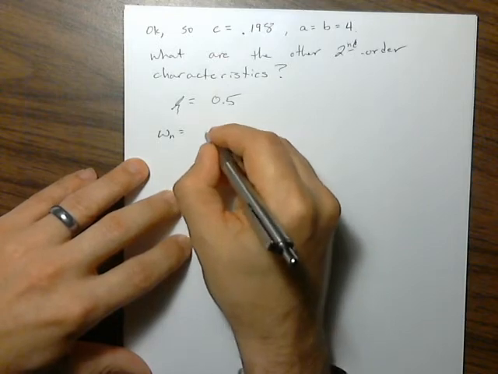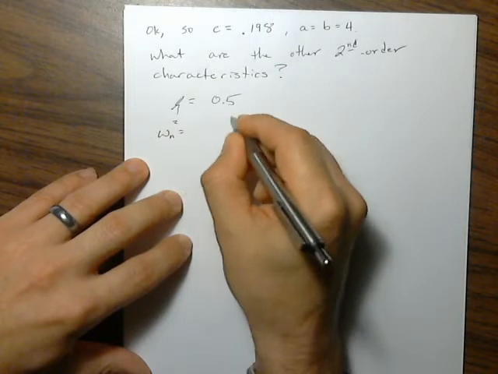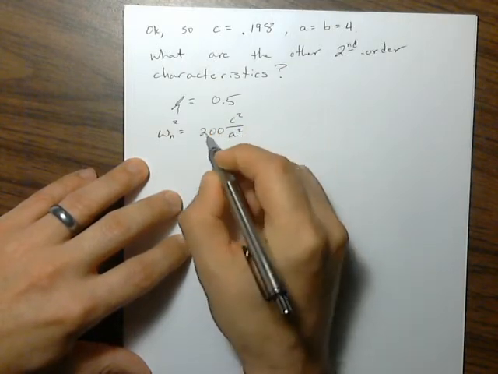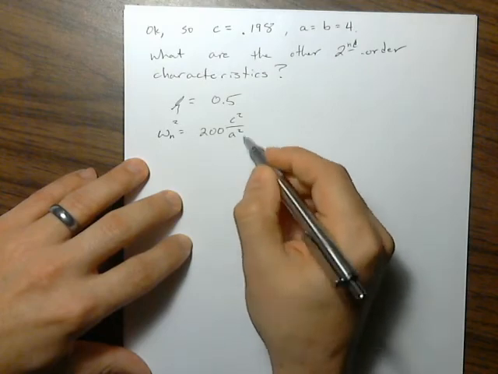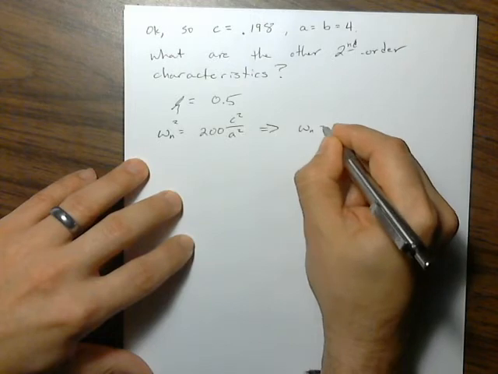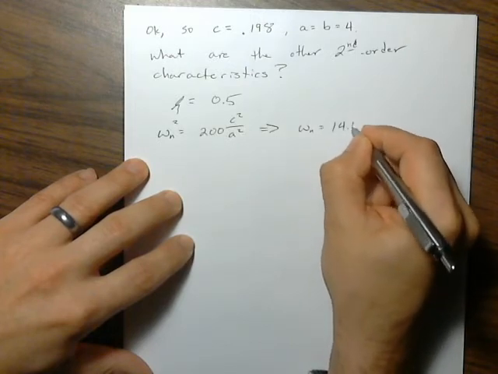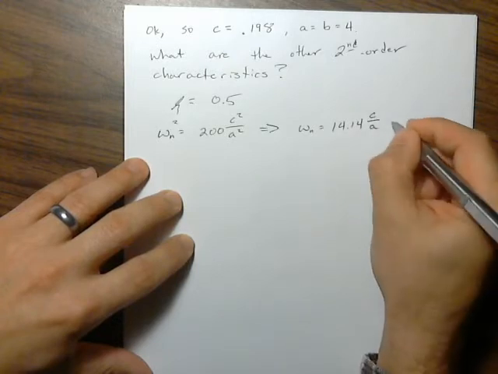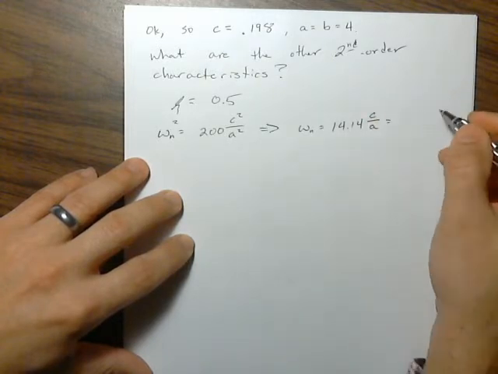Omega n, now we got this from the relationship. We said omega n squared was 200. Just to recap, remember, omega n squared was 200 C squared over A squared, which led us to conclude omega n, and we can just plug in, no problem.